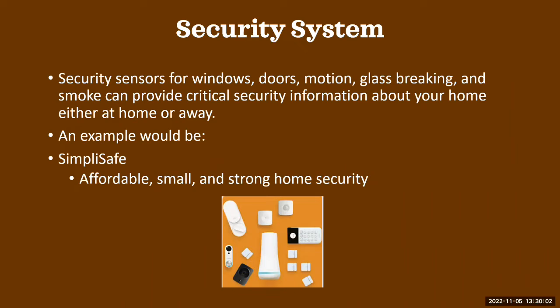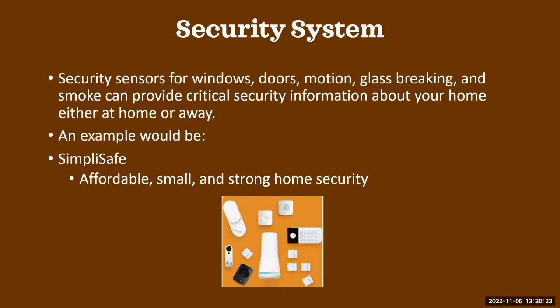Security sensors for your windows, doors, motion, glass breaking, and smoke can provide critical security information about your home, either at home or away. An example would be SimpliSafe, affordable, small, and strong, and it has strong home security.